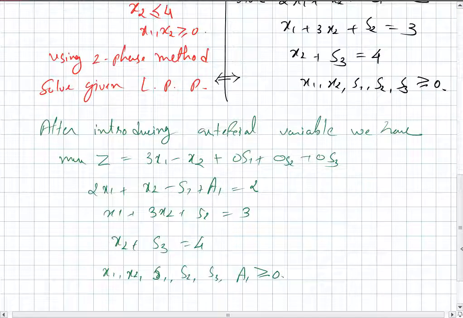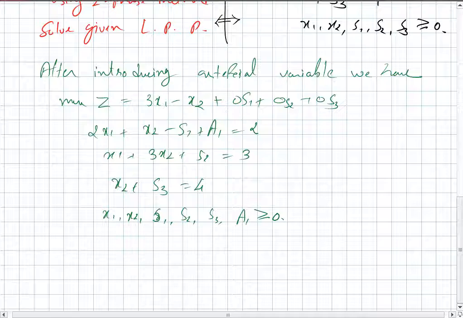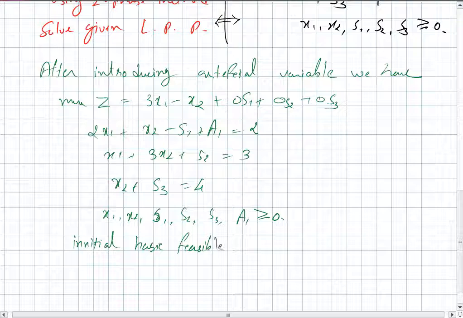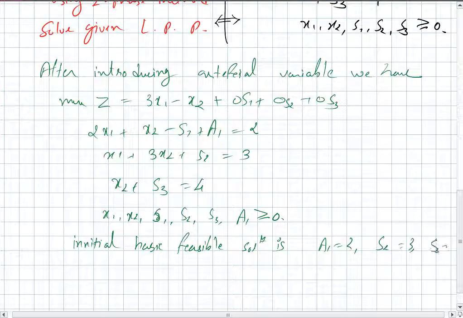So the initial basic feasible solution is a1 = 2, s2 = 3, s3 = 4, by taking x1, x2, s1 as 0.